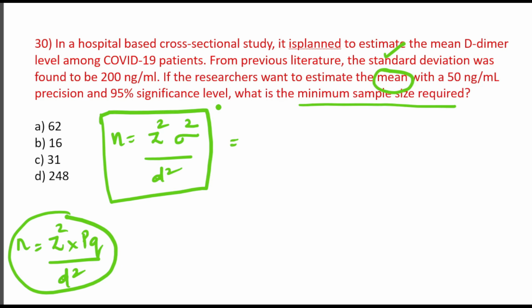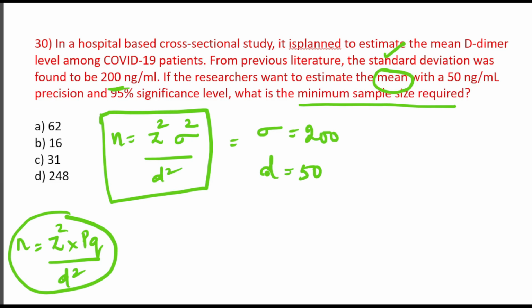So what are the other variables they gave? They gave the standard deviation was found to be 200. Standard deviation is equal to 200. And 50 nanogram per ml is the precision, so d is equal to 50.